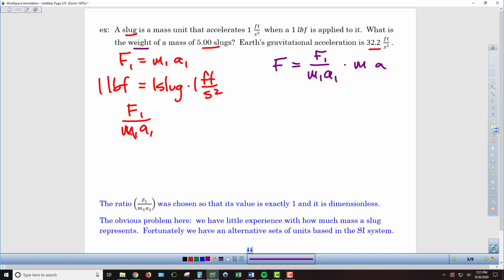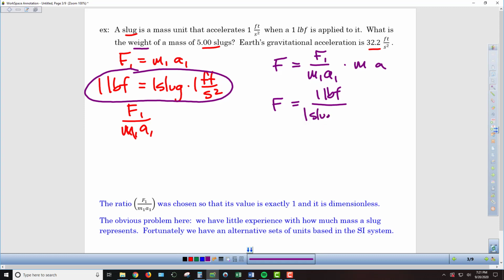So we're trying to solve for this weight, which is of course a force. So that's our unknown here. And I'm going to plug in all of these values into our F1 over m1 a1. So I've got my 1 pound force over 1 slug times 1 foot per second squared.